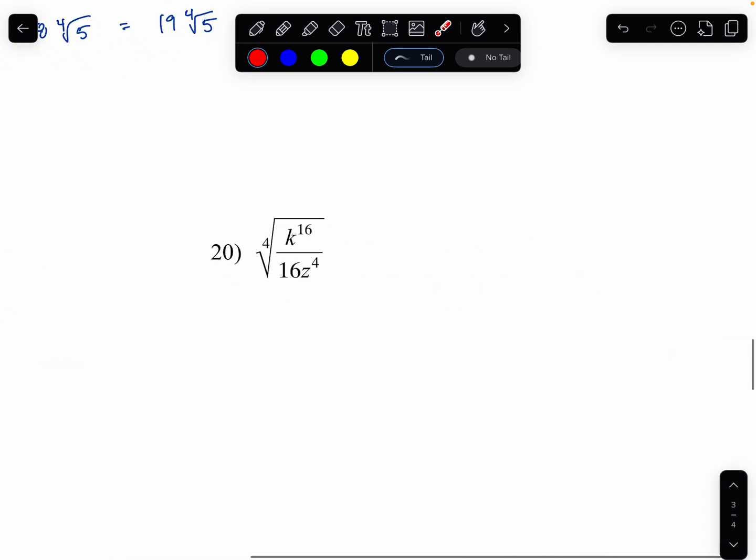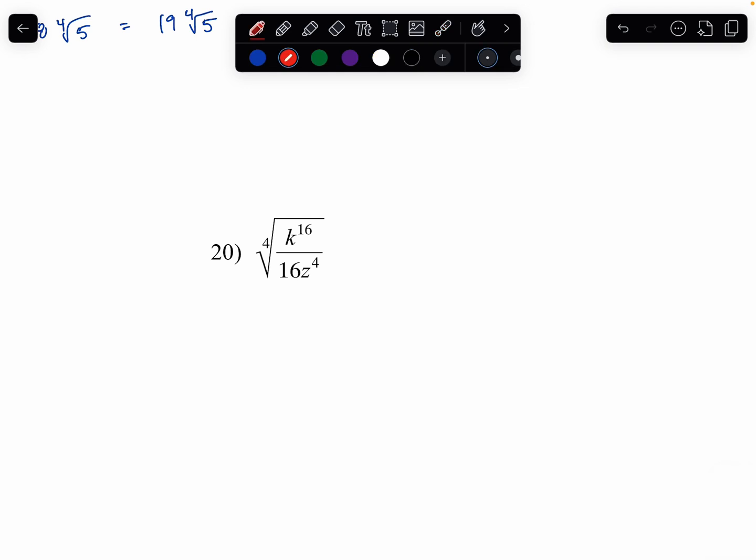Okay, so then over here, the fourth root of k, so I'm doing the same thing. So I'm looking at the powers and I'm looking at the root. So how many times does 4 go into 16? 4 times. So I'm going to have k to the fourth.